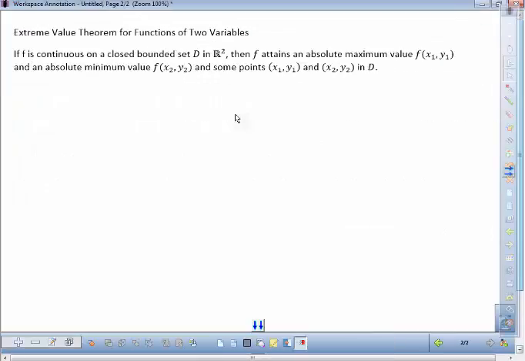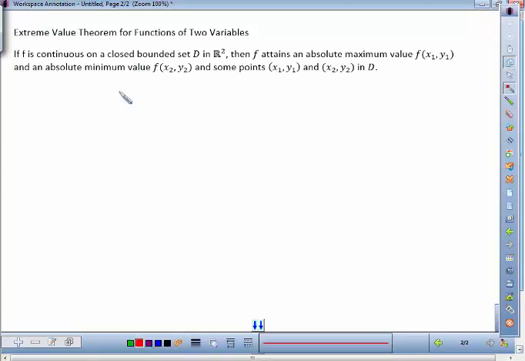So we're talking about a function on a closed and bounded set D in R2. Then you're guaranteed to find an absolute max and min in your domain. First of all, your domain is a two-dimensional thing, so we can think of it as a two-dimensional region.